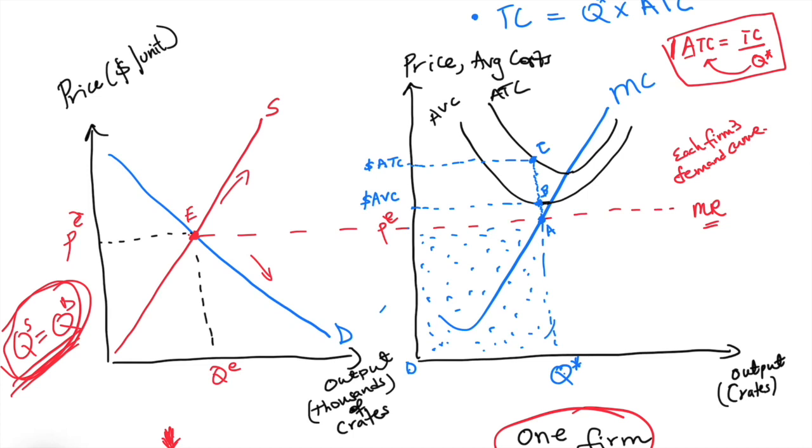Average fixed cost will be the gap between average total cost and average variable cost. And I will shade in yellow the entire fixed cost area. So just shaded in yellow, that is our fixed cost area.